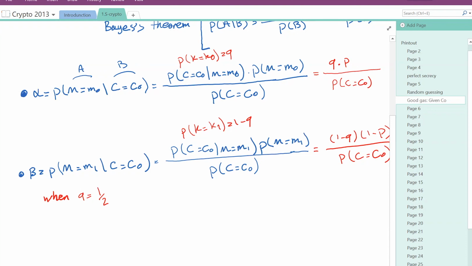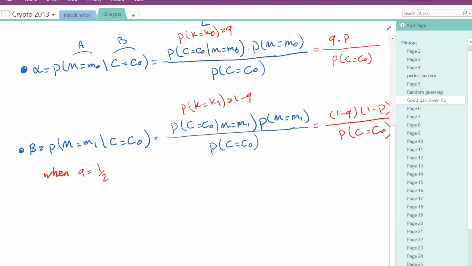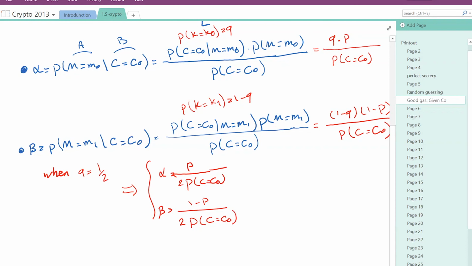But just to make this computation a bit more tangible, I assume that I choose my keys uniformly random. If that is the case, then these formulas get simplified to alpha equals P over 2 times the probability of C equals C0, and beta equals 1 minus P over 2 times the probability of C equals C0, right?